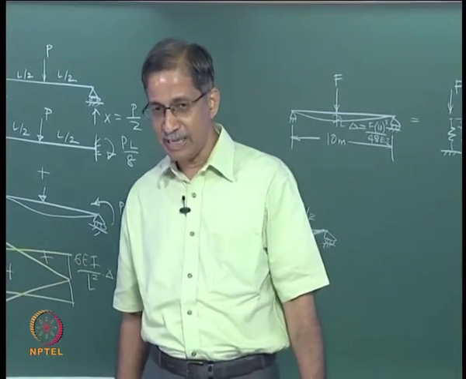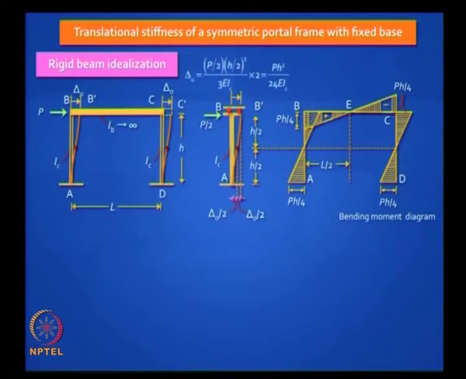So this is a bending moment diagram. Can you see for this particular case, this is P, this is P by 2 into H by 2 is PH by 4, so you get typically bending moment diagrams like that, and K has a value of 24 EIC by H cubed.